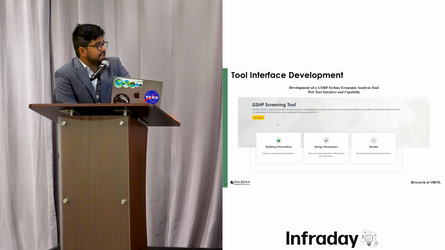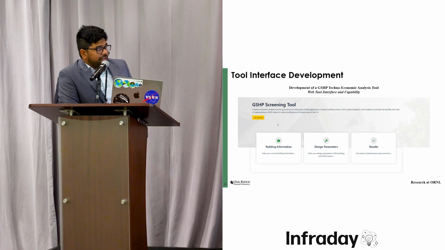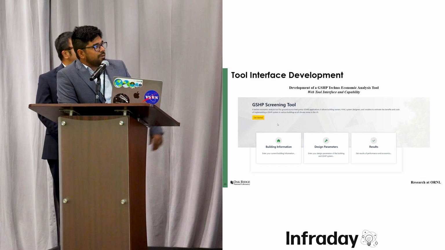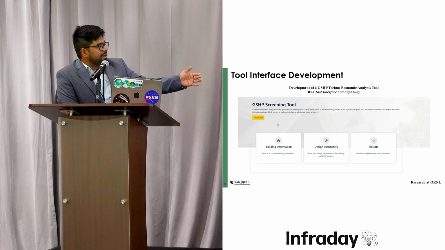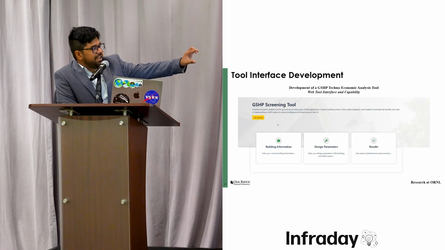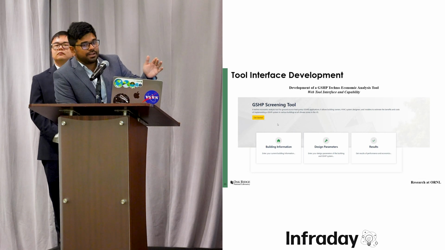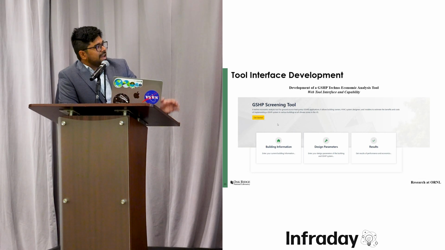This is the interface. You can click any address in the US, and it will find that building. You can give some building information, such as building type and height, and you can also change the building footprint if you think it is not matching. You can change it here in the interface, and then you simulate and get the results.